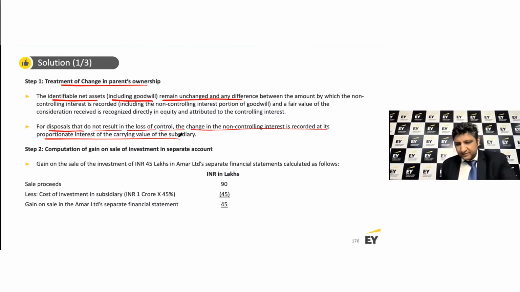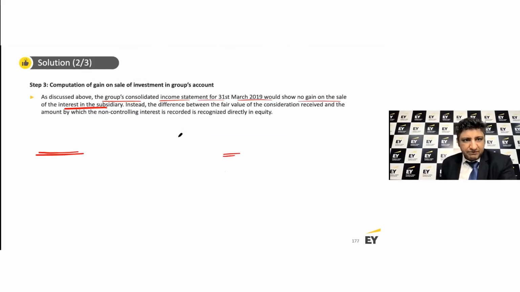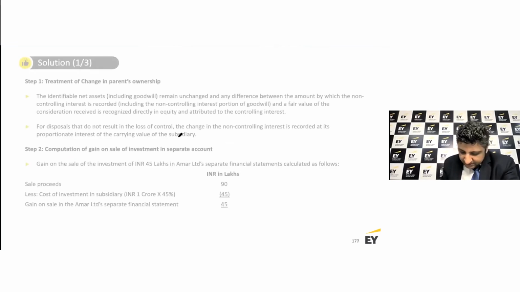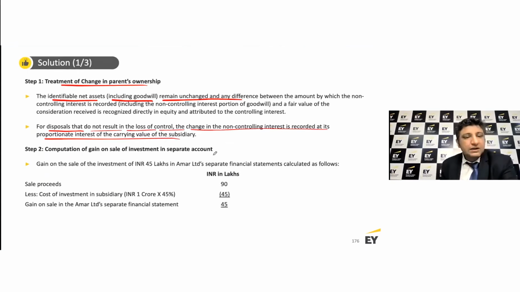If you look at it, the solution that we have talked about, of course, we are talking about at a group level, right? Wherein we talked about a gain of 9 lakh rupees arising. But if you take a step back, right, we're also referring to the gain on sale of investment in the individual financial statements of the parent company, right?